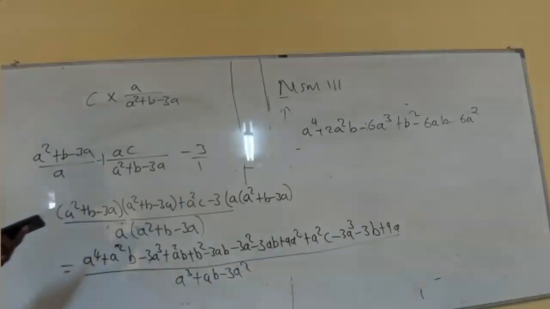Then apart from the A squared, we've actually taken note of A squared, we've taken note of B squared. Let's talk about just the B, right? So the components that we have: a to the power 4, we have 2A squared B, we have 6A to the power 3. Okay, so we have 2A squared B, then we have 6A squared, noted.